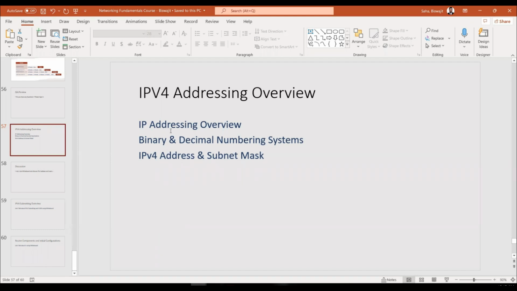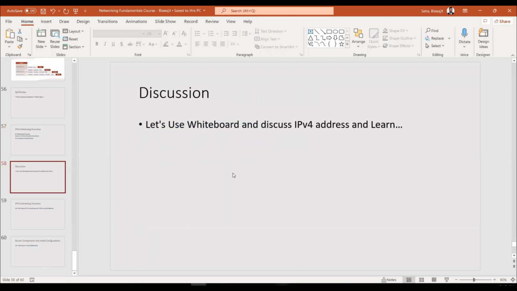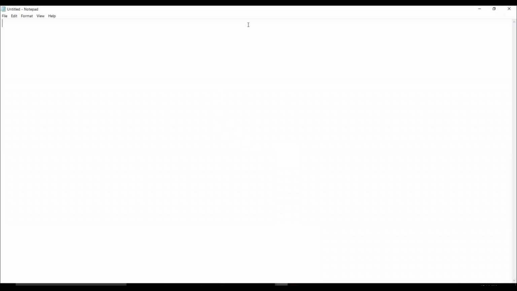Following this, we'll talk about v4 subnetting. So I'll use the whiteboard to discuss the v4 address, and let's learn it. Okay. All right. So when you talk about IPv4 addresses, any device, first of all, we have got 5 classes, right?